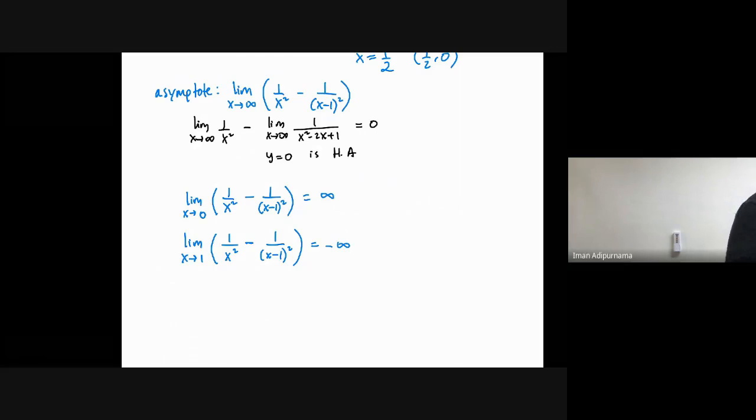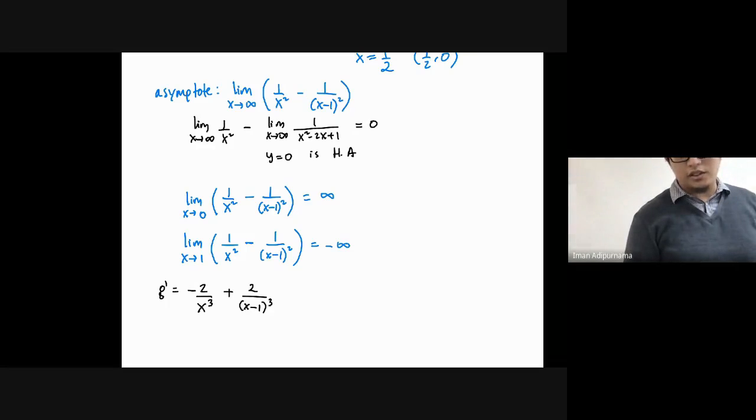And then we can compute our g prime. These separate terms we can differentiate separately. So first, differentiate the 1 over x squared. You will get negative 2 over x cubed, right?